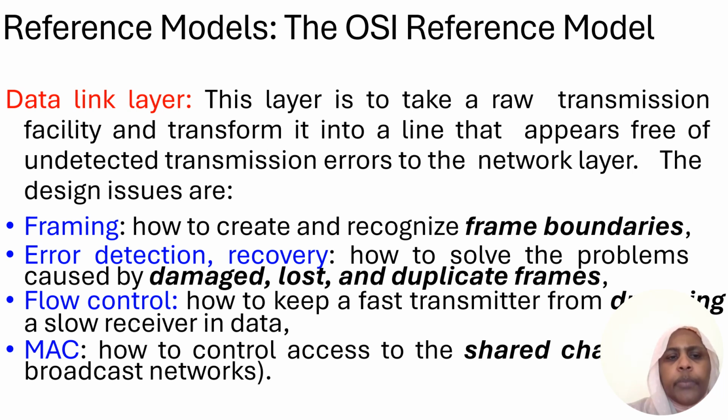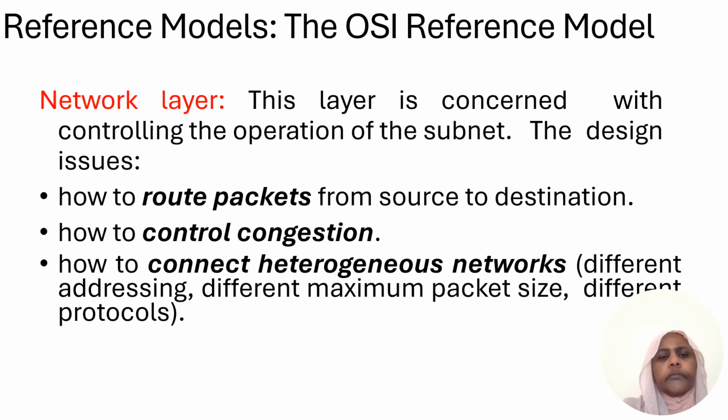It is also responsible for error correction, error detection, and flow control, so as to keep one transmitter from overwhelming a slow receiver of data. It's also responsible for medium access control. That's to say, how multiple senders access a single shared medium, like in bus topologies, or in broadcast networks.